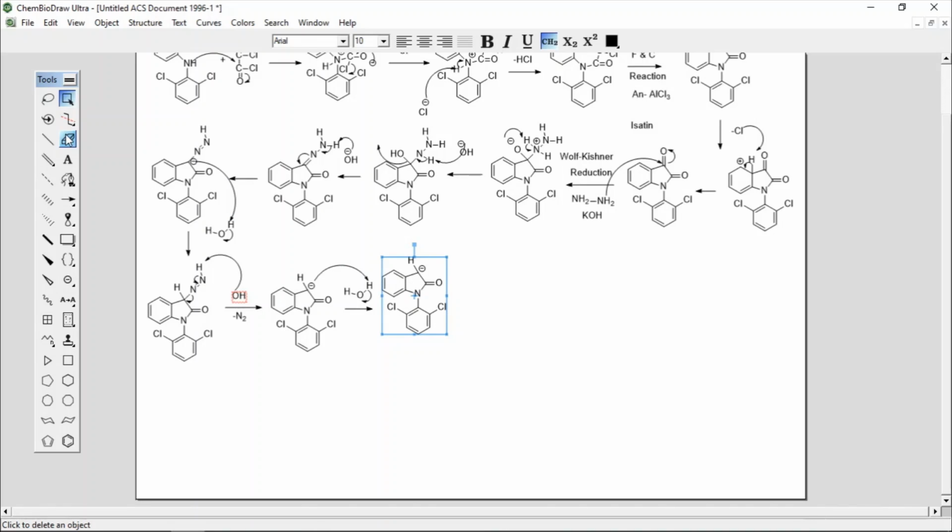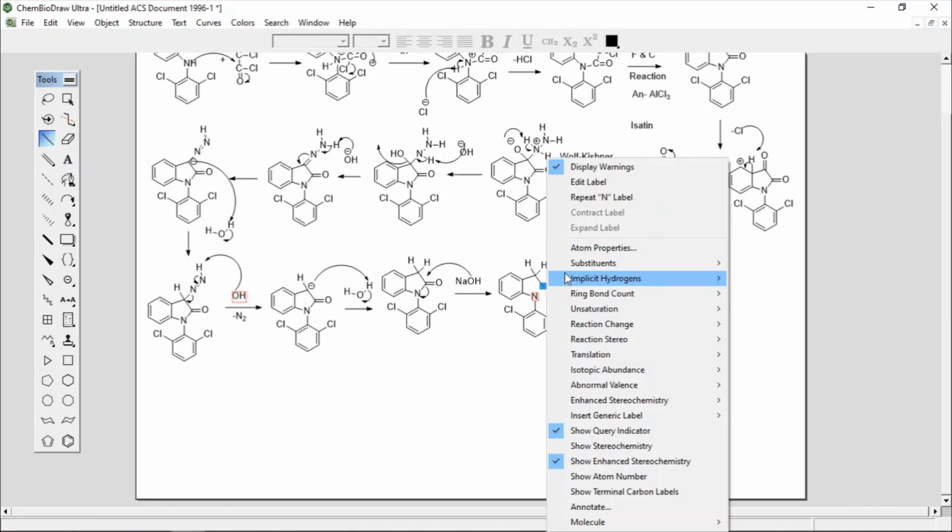So it converts to CH2. So the negative charge will not be there in the next structure, because after taking this proton, that carbon will form a bond with this hydrogen, and a nitrogen.